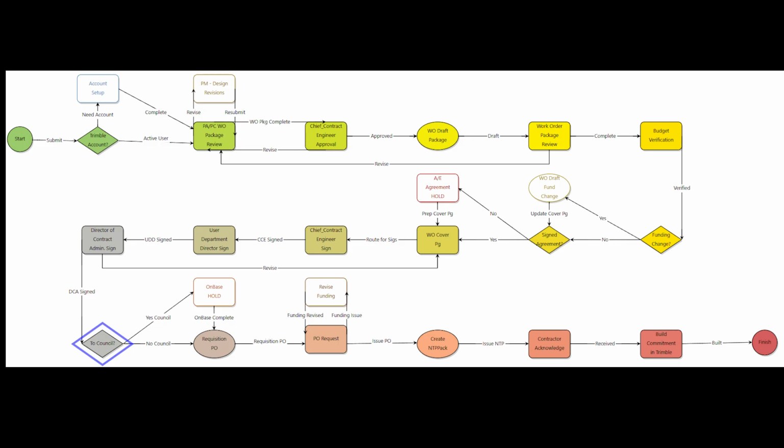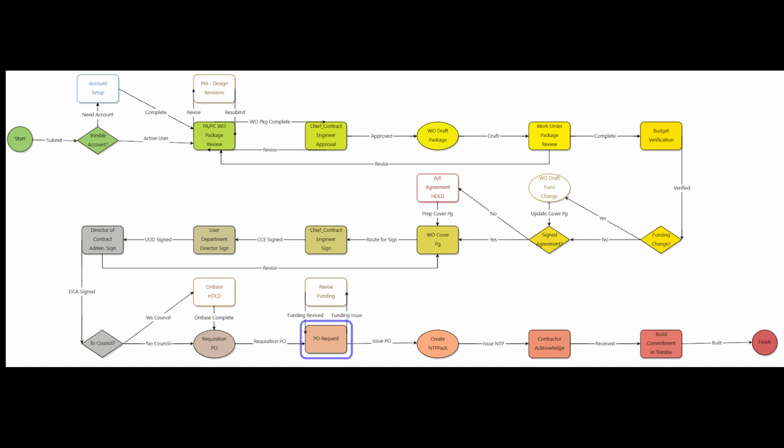If it is, the firm's contract or work order will need to go before council. If their cumulative value and or the work order individually do not comprise $200,000, it will forego council, and then a requisition page will be created for the acquisition of the final funding for that project.